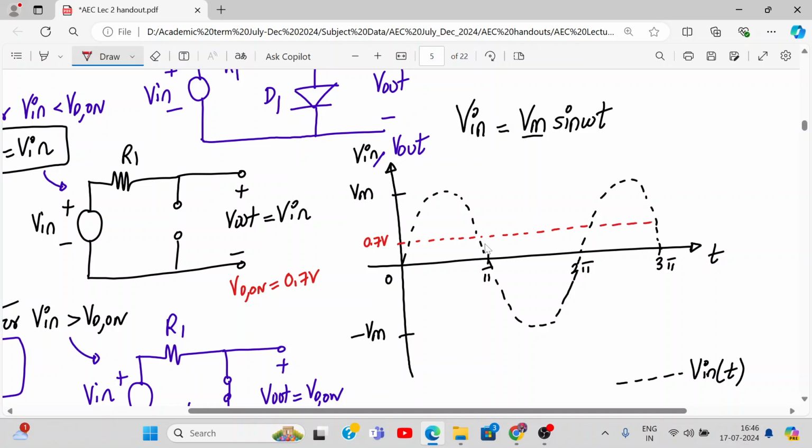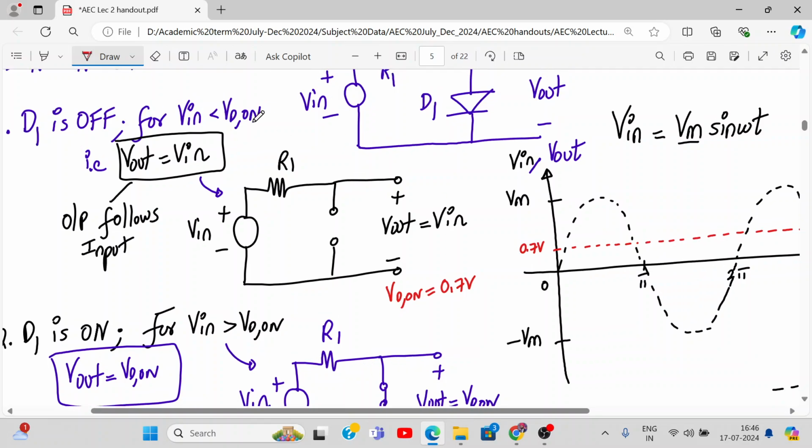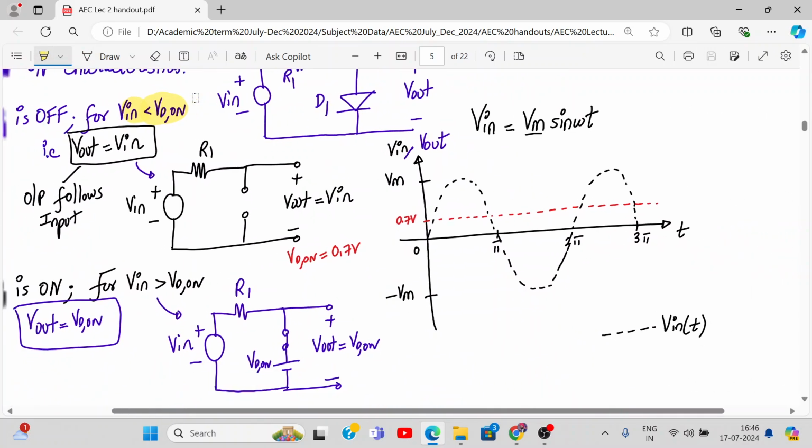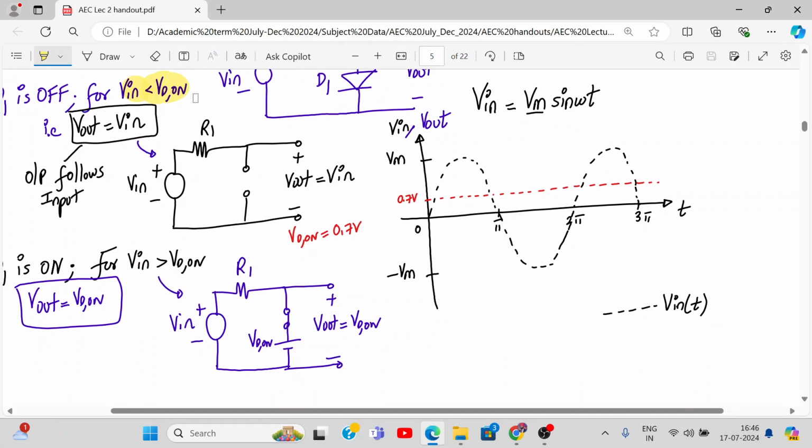dotted line. Now tell me, when is V in less than VD on? Tell me this case where it is. When is V in less than 0.7 volt? In the graph, just highlight the point. Can you tell me where it is less than?